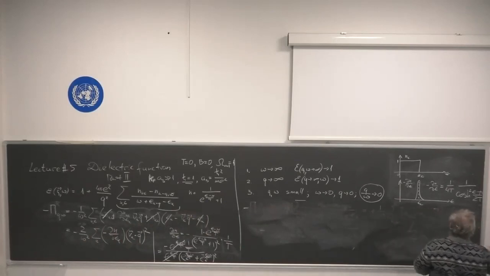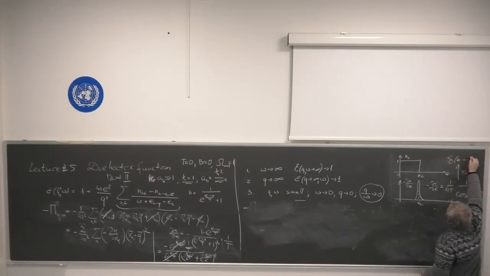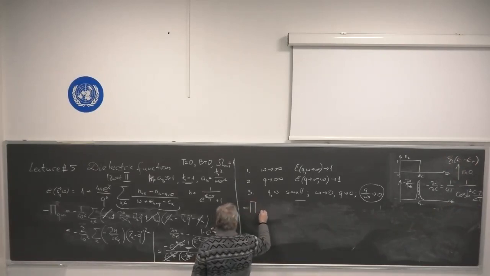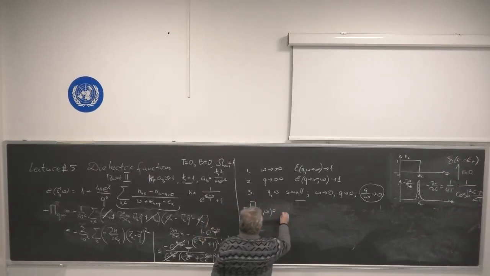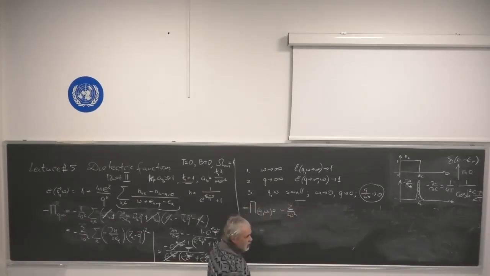So what is important is that at temperature equal to 0, this is a delta function of epsilon minus epsilon. So minus p as a function of q and omega is now equal to minus 2 over omega squared. Now I replace my summation by integration.